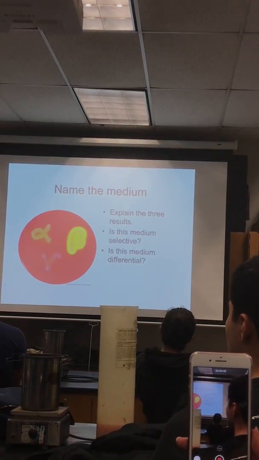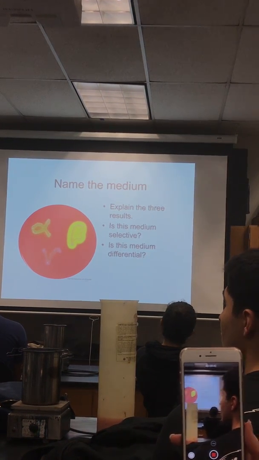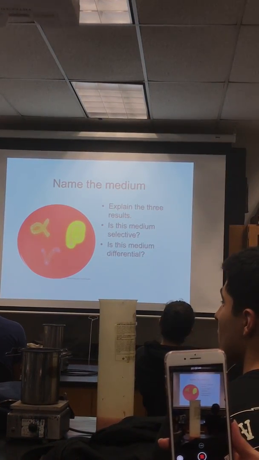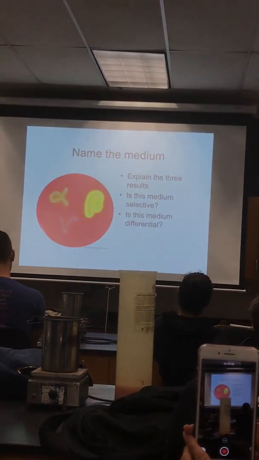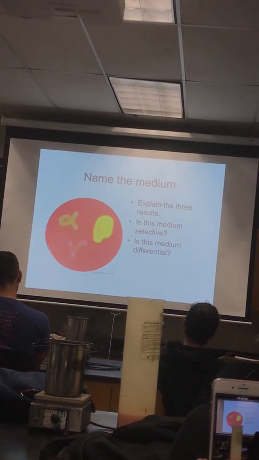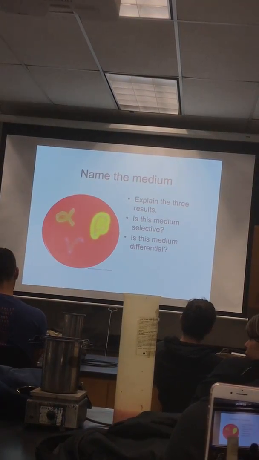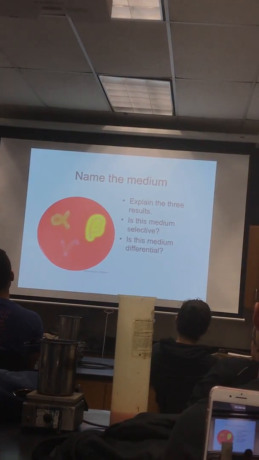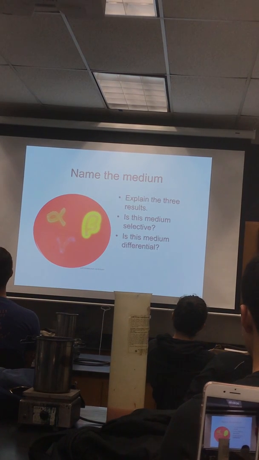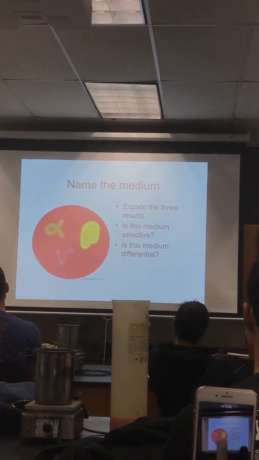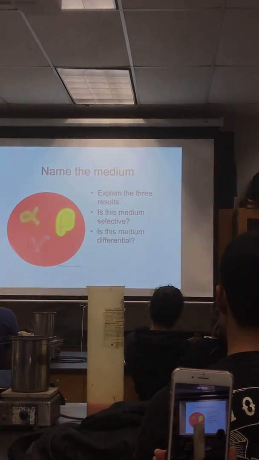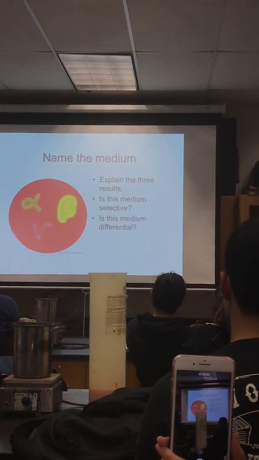Hemolysis. Whether or not an organism can do alpha, beta, or no hemolysis. That differentiates the organisms by the way they're growing on the medium. So if you're looking for beta hemolytic strep, strep throat, you want to see beta hemolysis there.